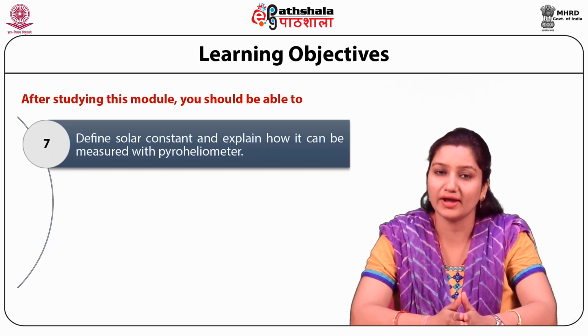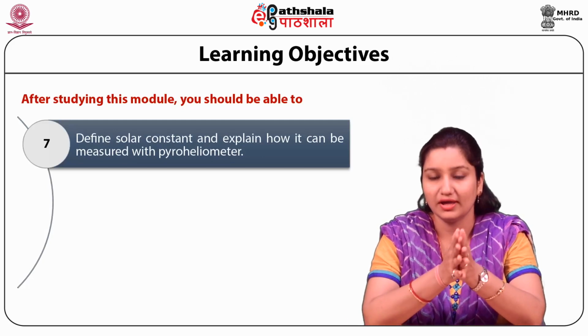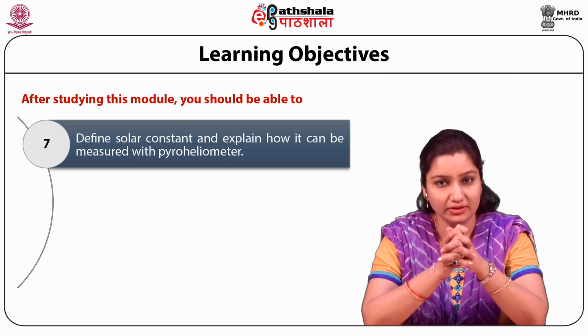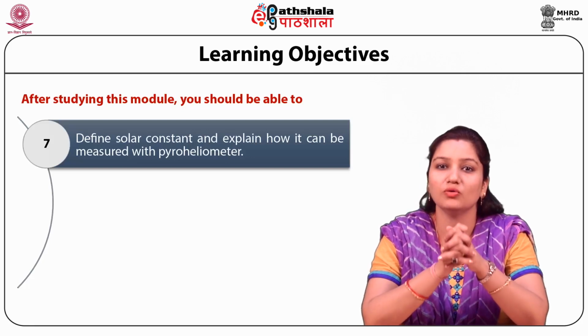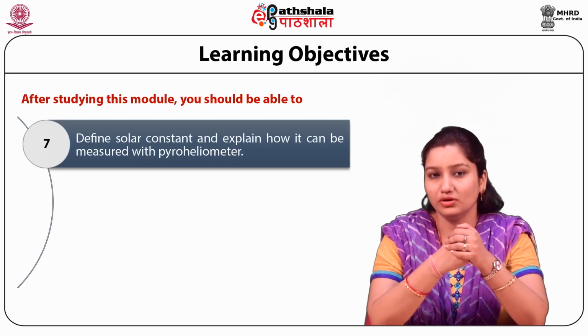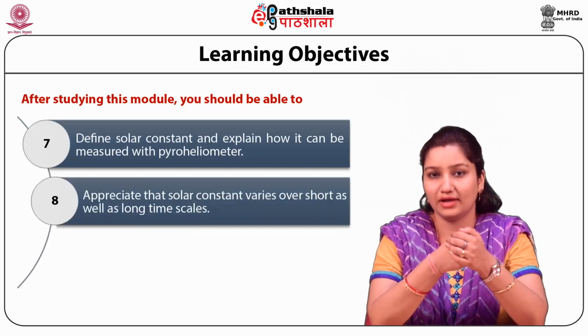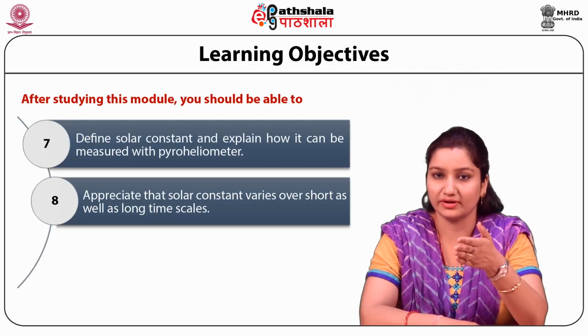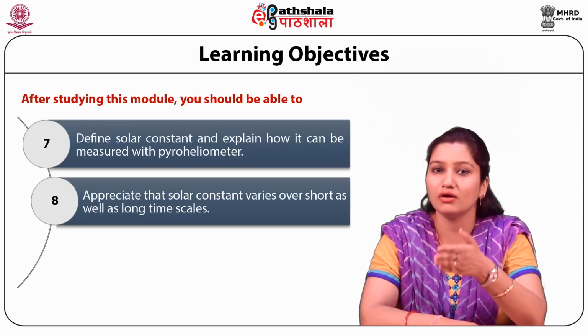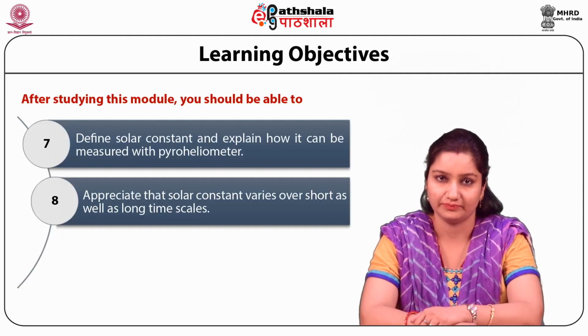You will be able to define solar constant and explain how it can be measured with a pyroheliometer. After studying this module, you will appreciate that solar constant varies over short as well as long time scales.